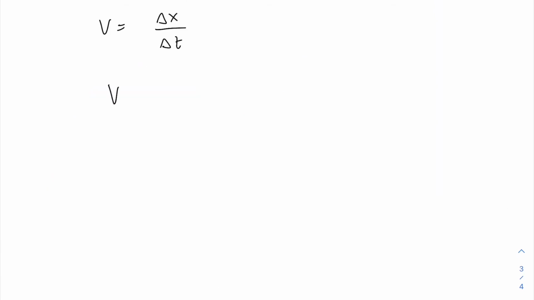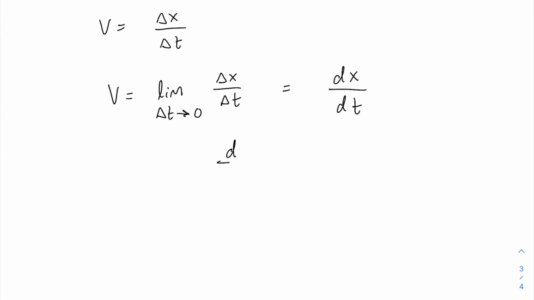So in calculus, we would say we're taking the limit as the time interval, delta t, approaches 0 of the slope, delta x over delta t. The notation for this is dx over dt, where whenever you see d over dt of a function, that is a derivative.